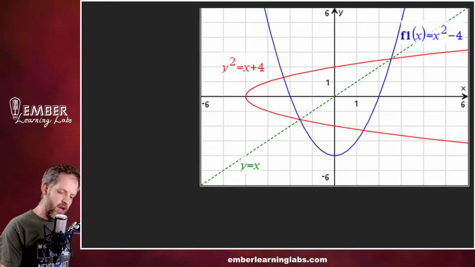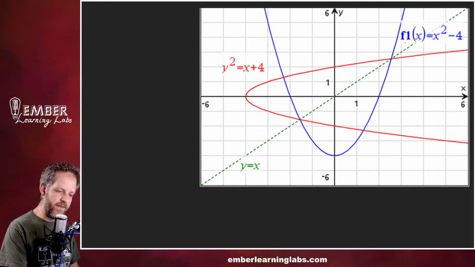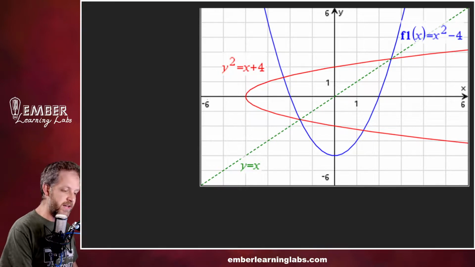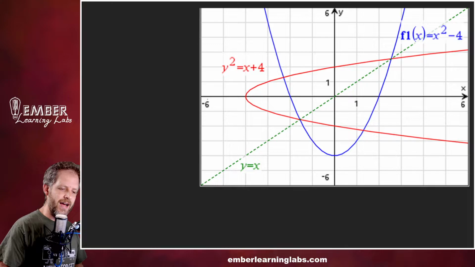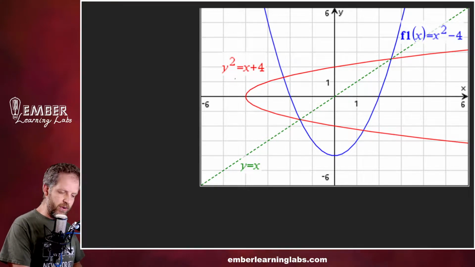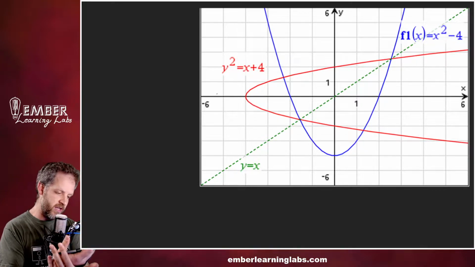Now you notice when we take a look at the equations here, this blue one is f of x equals x squared minus 2, or y equals x squared minus 2. And then the red one is x equals y squared minus 2. But the other one, we flipped them. We took the x and the y and we switched them.